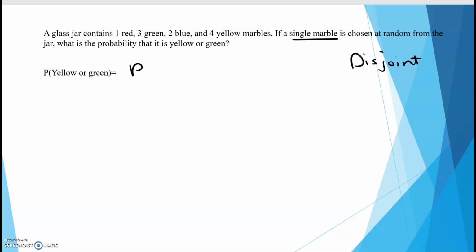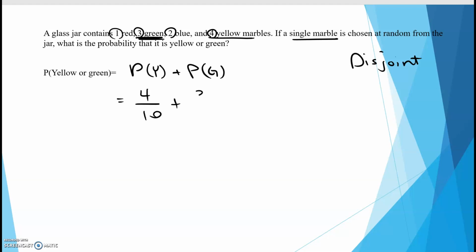So we're looking at the probability of yellow plus the probability of green. So we have 4 yellow marbles, so 4 out of, well, 1 plus 3 plus 2 plus 4, that gives us 10. And then 3 green, so 3 over 10. So 7 over 10 would be our final answer.